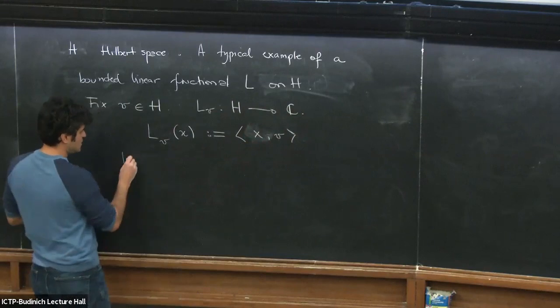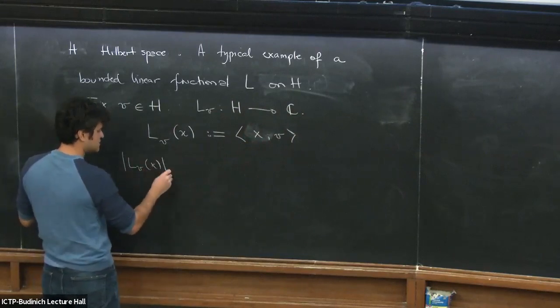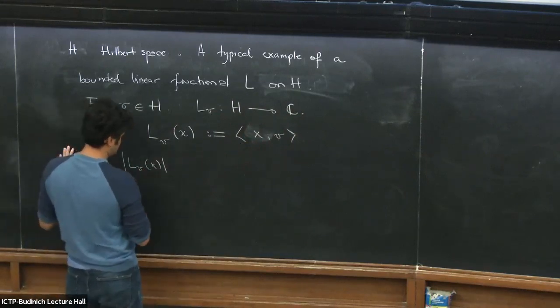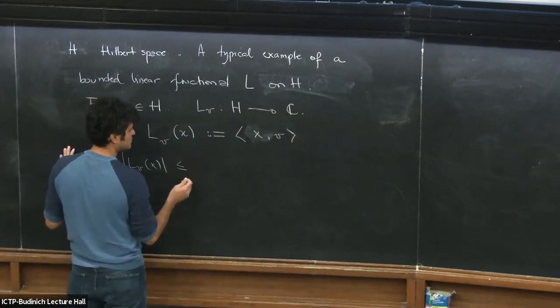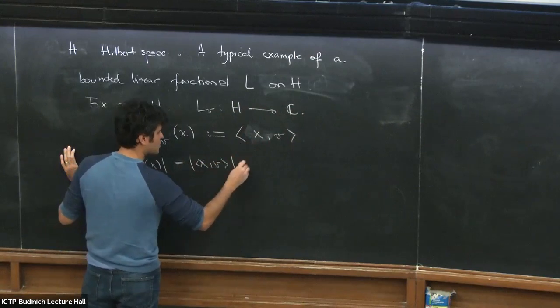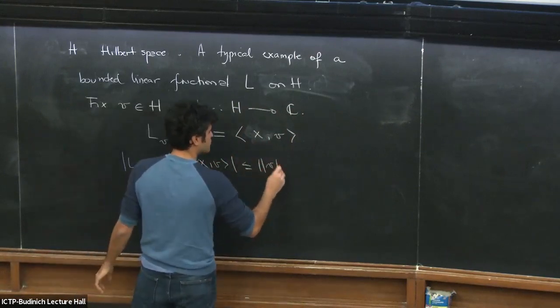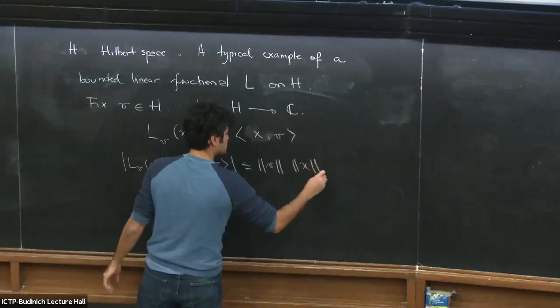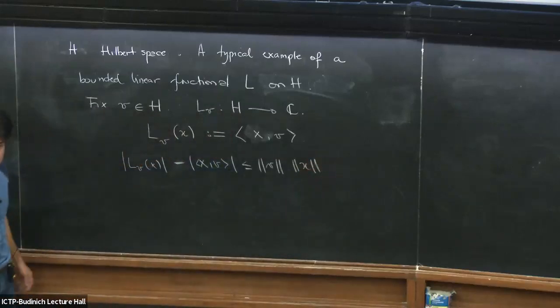And also, the norm of LV of X is equal to the norm of the inner product, and by Cauchy-Schwarz, this is less than or equal to the norm of V times the norm of X. Okay?